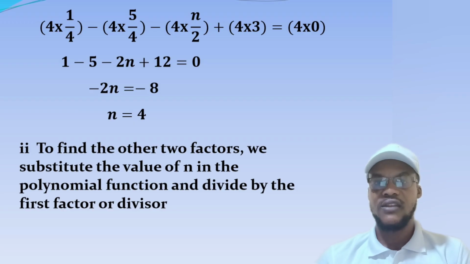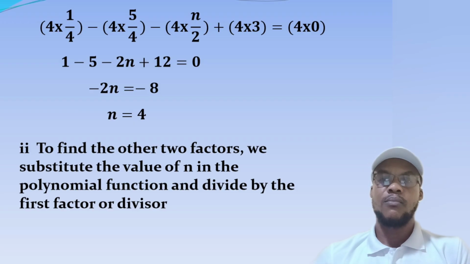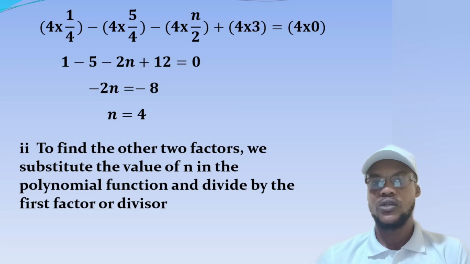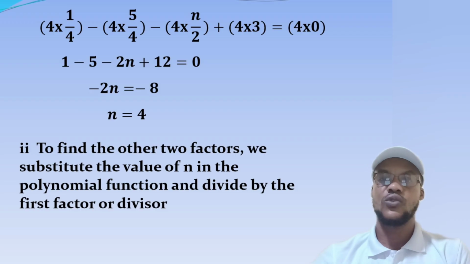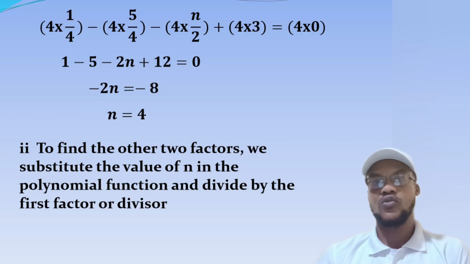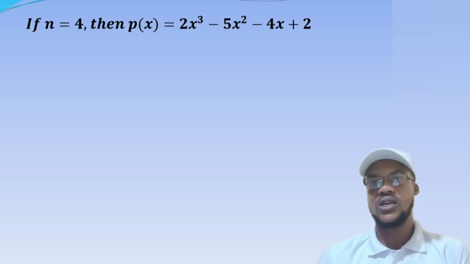Once you have found the value of n, in the polynomial function you are no more going to write n. Instead, you are going to replace n by 4. Then you get an actual polynomial function. After doing that, you are going to divide it. So if n is equal to 4, then our new polynomial function is 2x cubed minus 5x squared minus 4x plus 3.